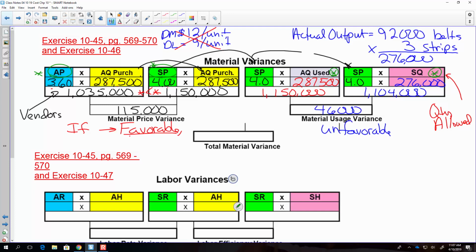That's what I would like you to do on these templates. On the test, if I ask for a quantity or usage variance, there will be two answers: 46,000 unfavorable, 46,000 favorable. Guaranteed for every question.